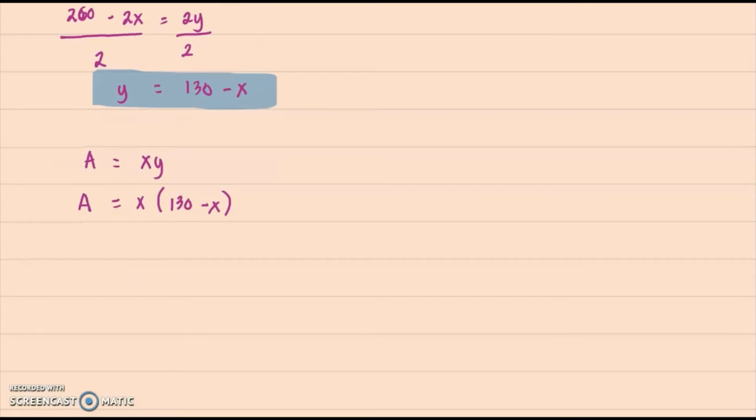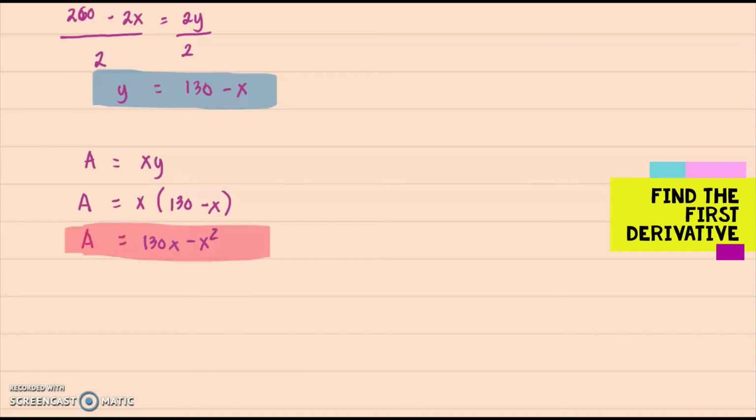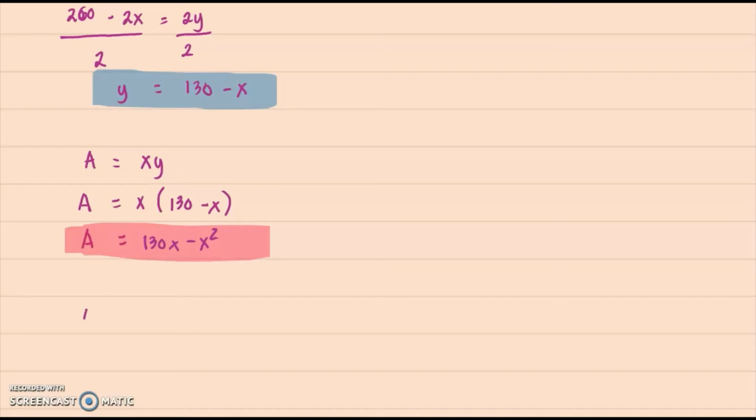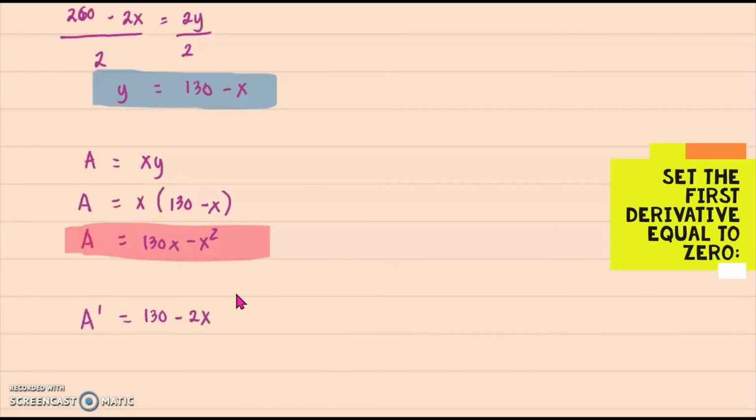You distribute, so you have area is equal to 130x minus x squared. Next, we find the first derivative of A equals 130x minus x squared. So A prime is equal to 130 minus 2x.